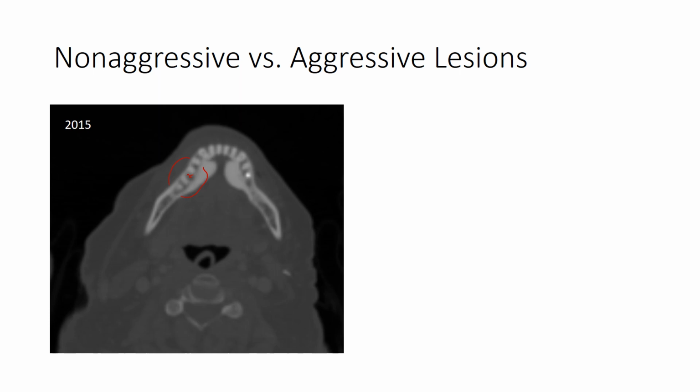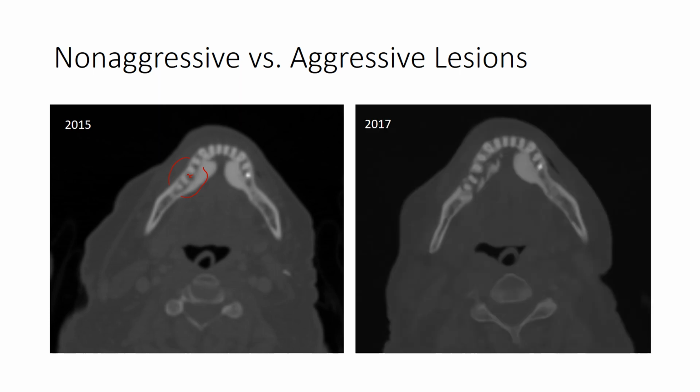So although this looks funny, this is a known entity. It's an "Aunt Minnie." These are bilateral mandibular tori. They are do-not-touch lesions unless the patient needs a denture. Contrast this with the same patient 2 years later, where we have clear erosive changes and sequestra formation.